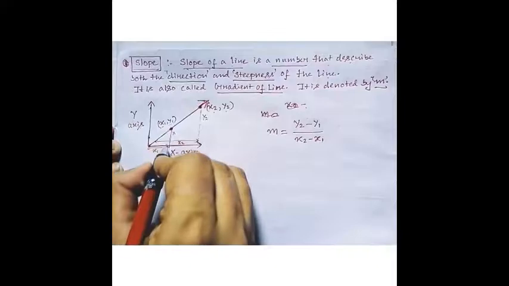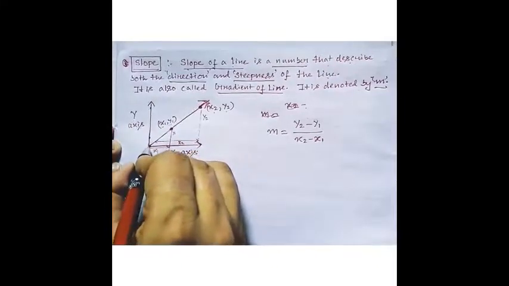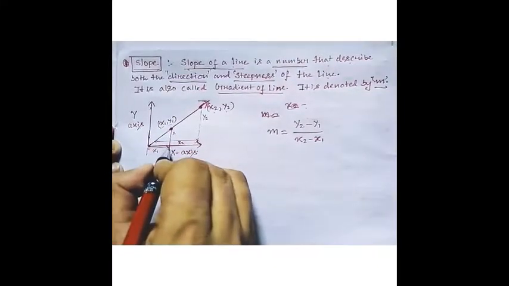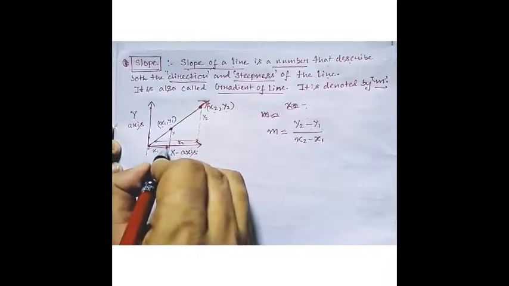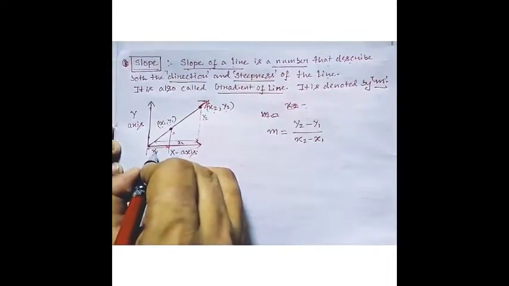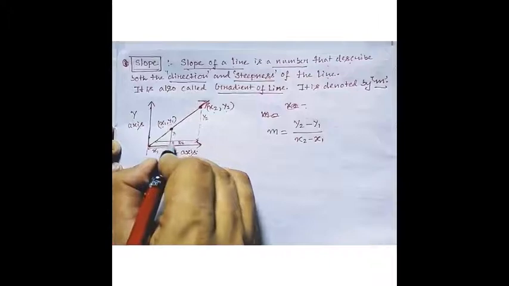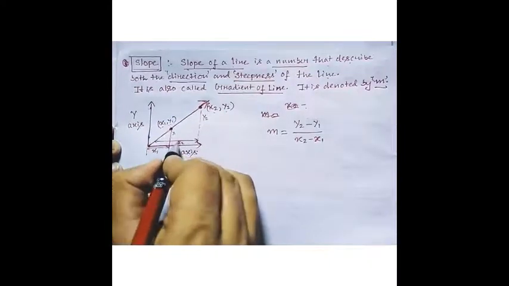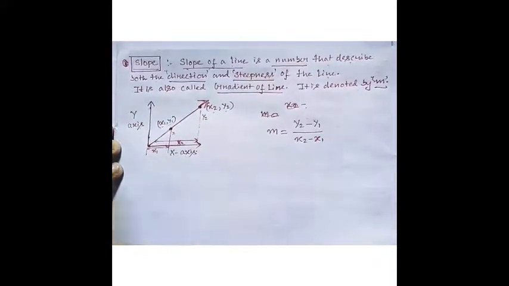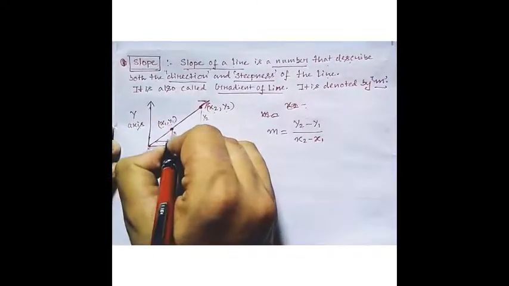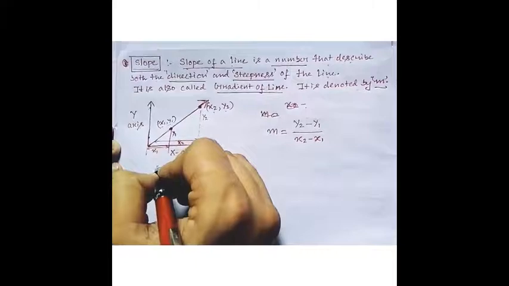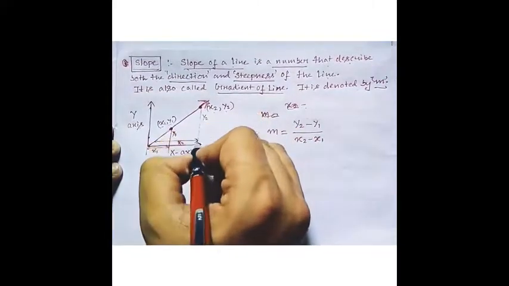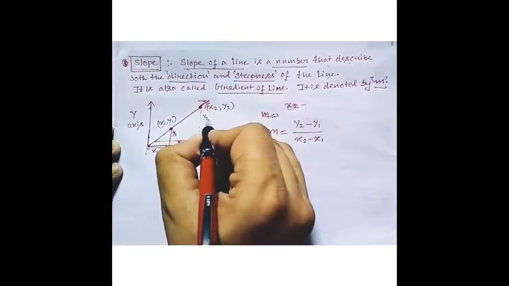So now from the graph you can see this length is x1, and this length is x2, and in case of y, this is y1, and this length is y2.